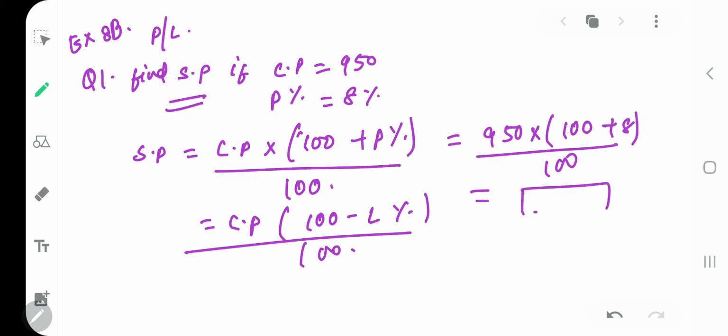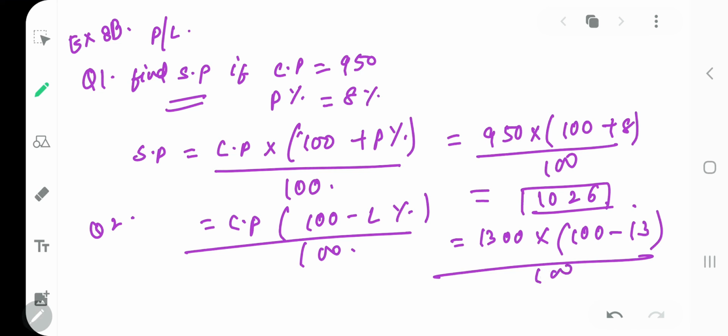From there you will get the answer for your SP, that will be 1026. Next is the second part of this problem, in which CP is given to you as 1300, but this time you have a loss of 13%, that is 100 minus 13 upon 100, and you have to calculate and you will get SP from there. So you got the formula very clear?